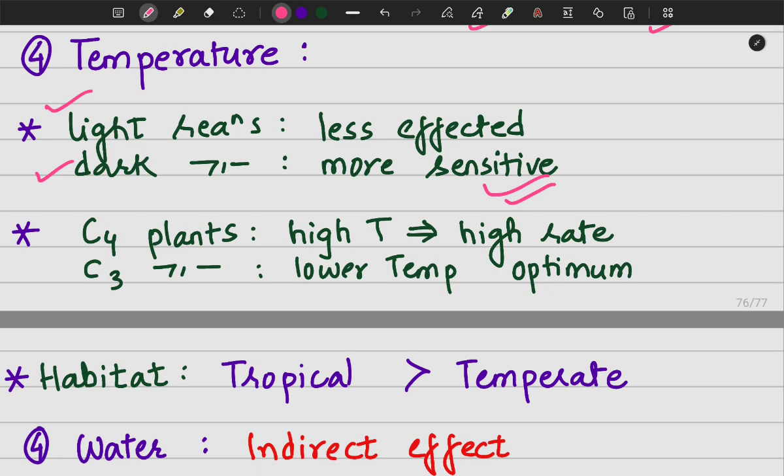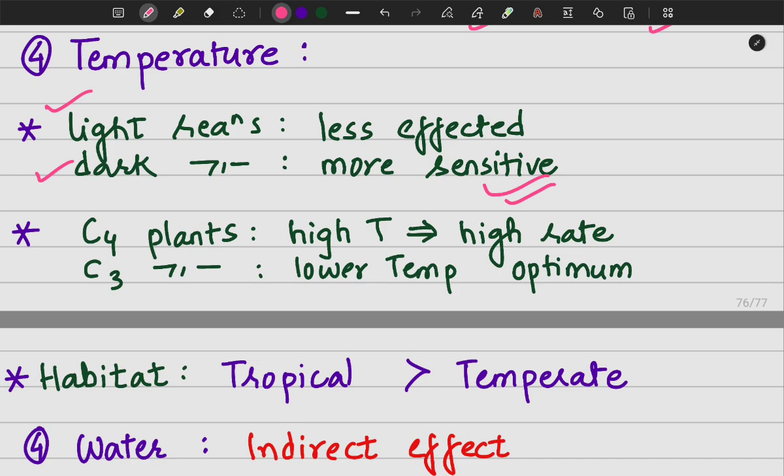So the light reaction and dark reaction will occur in both C3 and C4 plants. Light reaction is less affected by the change in temperature, but dark reaction will be more sensitive towards the temperature, because the dark reaction depends on several enzymatic reactions, and enzymes are more sensitive to temperature.